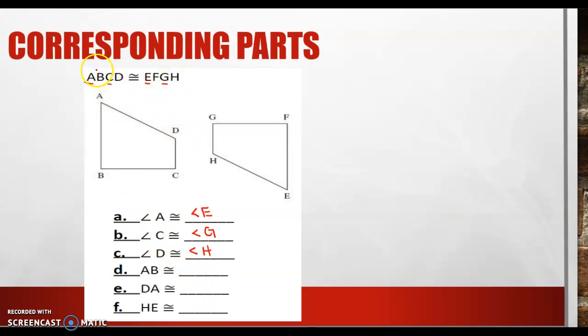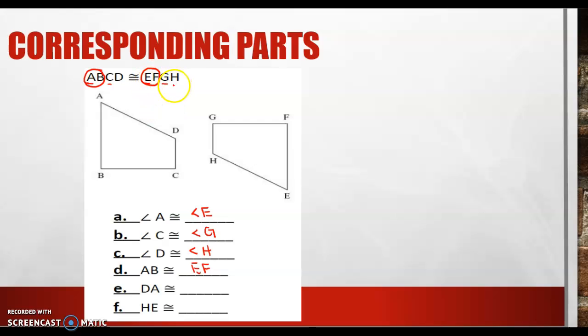And then AB here is going to be congruent to EF. So I have the first two letters here and the first two letters here. DA: okay, so we're going to go in the same order in my other figure.